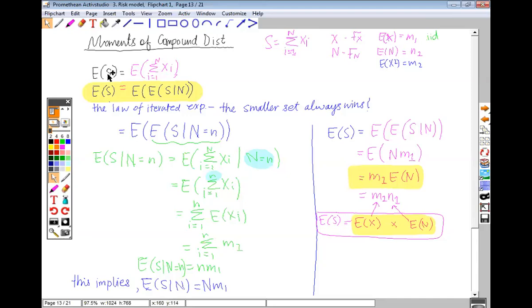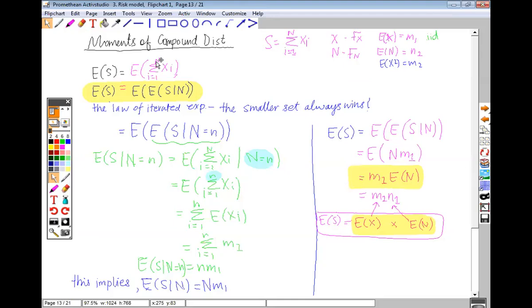Our S takes a compound distribution named after the distribution of this N. If my N follows Poisson distribution, my S will be compound Poisson distribution, irrespective of whatever distribution is assigned to my X random variable, which denotes the severity of the claims.